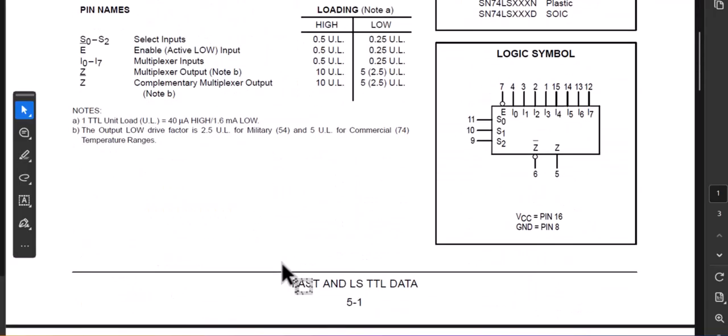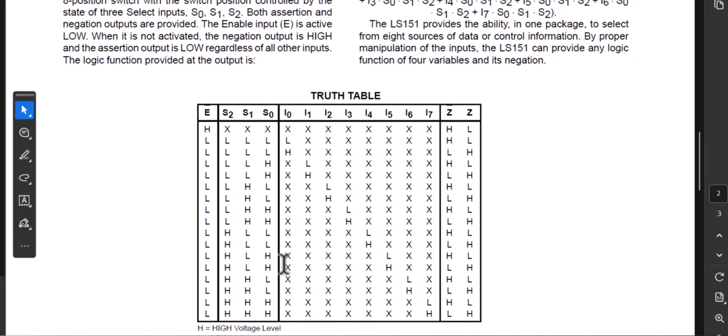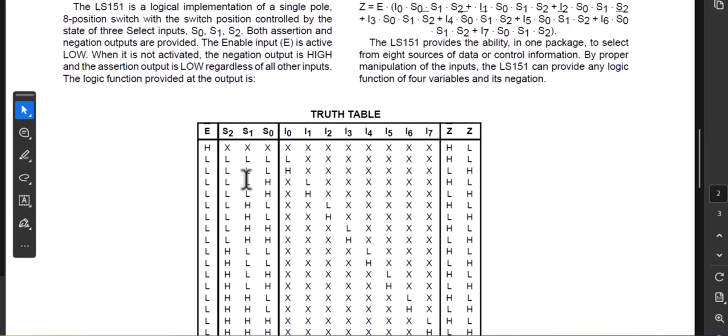Okay, so we have that. Now let's take a look if input needs to be high or low. So if I want 0, 0, 0, okay, take a look at how this is working.